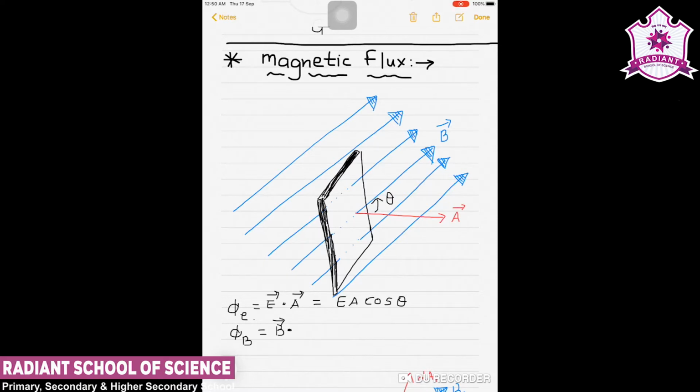Here it is written as B dot A, or it can be extended as B A cos theta. Here also theta is the angle between the magnetic field B and the cross sectional area A.